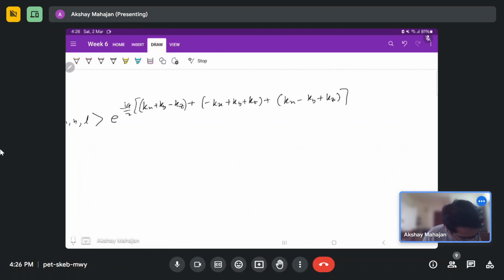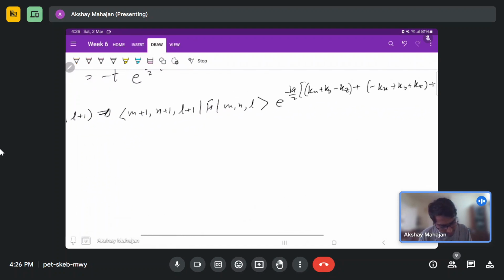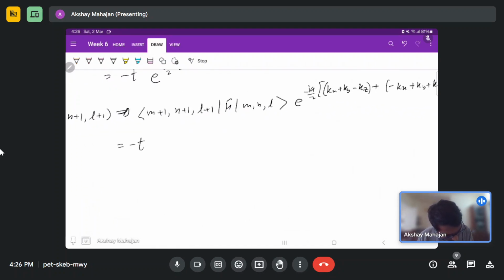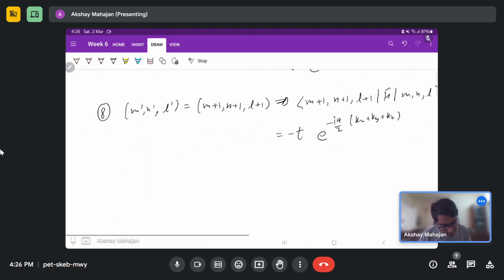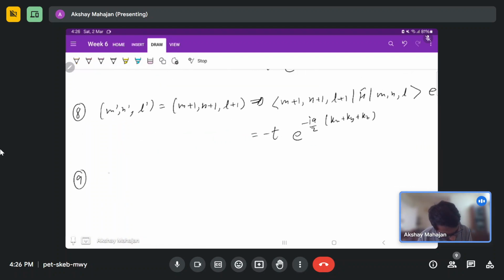Right. Okay, so that will be equal to minus t times e to the power minus iota a by 2, and if you see, it will be just (kx plus ky plus kz).